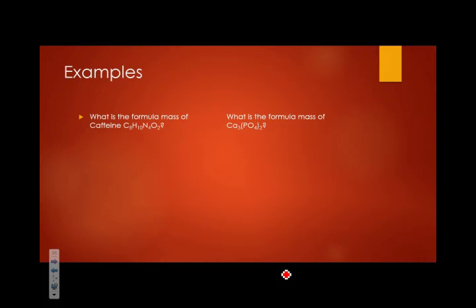What is the formula mass of caffeine? It has a formula of C8H10N4O2, which is a lot of stuff there. So we go back to our periodic table. We look up the molar mass of carbon. We have 8 carbons, which means I have 8 times 12.01.